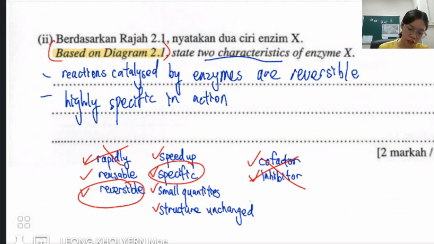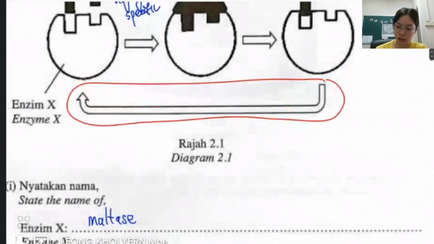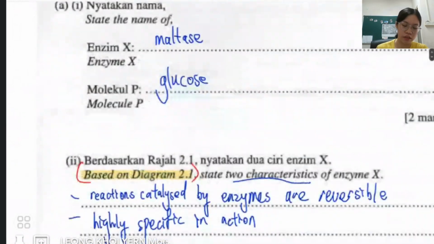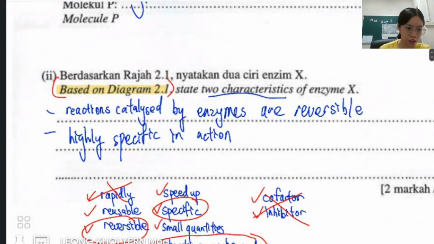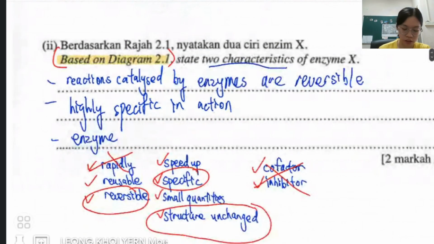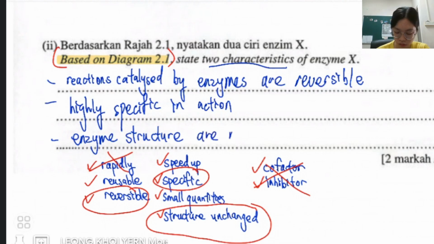But another thing that they show you is the structure. Does it change? The enzyme structure doesn't change, right? So it means that it remains unchanged. So, enzyme remains unchanged. Enzyme structure is not destroyed after reaction.